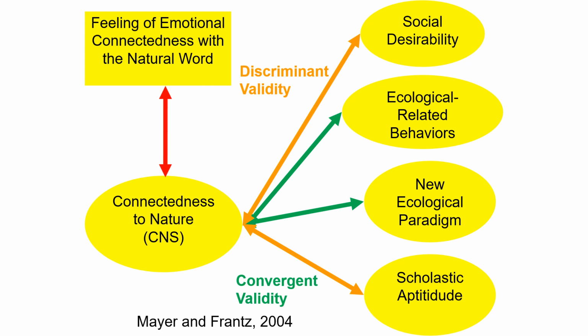Similar with scholastic aptitude, right? If an IQ test correlates with your survey of connectedness to nature, well, that's not great, because what it suggests is that something about your survey is picking up on people's intellect level. And there should be no reason why connectedness to nature should have anything to do with your intellect level.